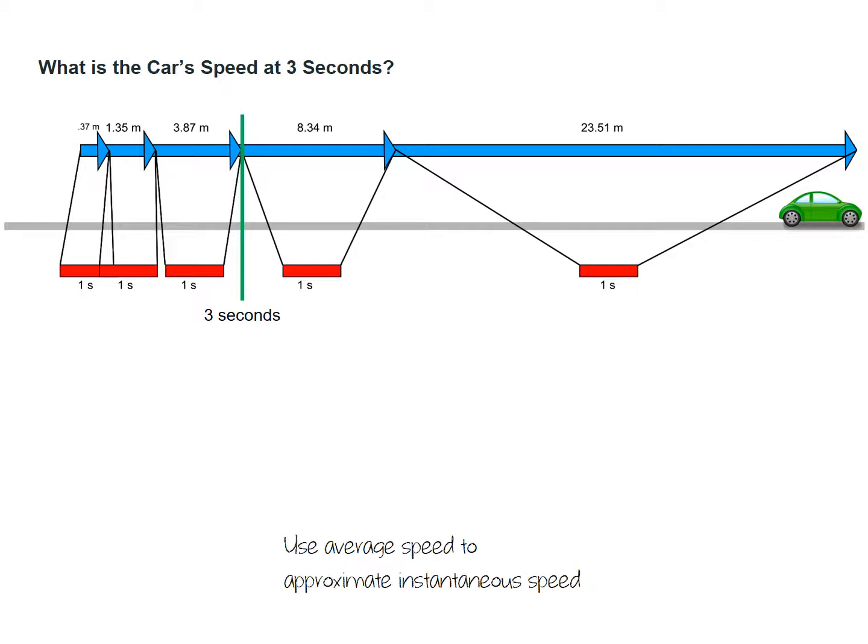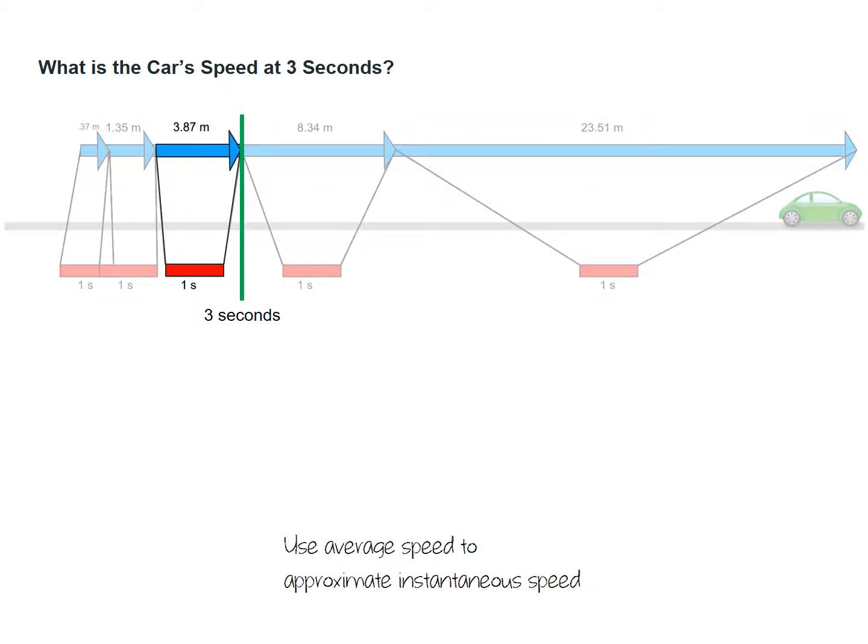To start, we can find the car's average speed over the interval right before the 3-second mark. Using this interval, we can find the average speed immediately before the 3-second mark as 3.87 meters per 1 second. This speed, 3.87 meters per second, is an approximation of the speed right at the 3-second mark.